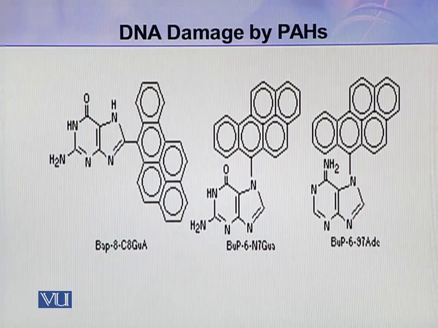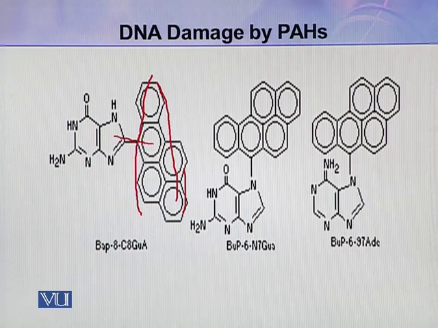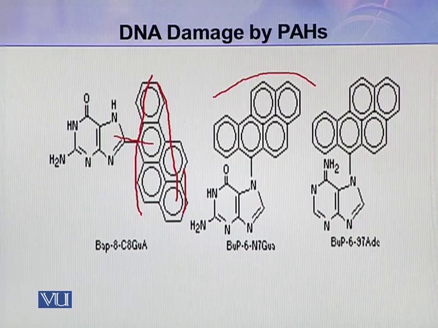For example, this is PAH, and here it is attached with the C8 of guanine, and in this way it forms a monoadduct. Similarly, here it is attached with the N7 of guanine. This is the N7 atom of guanine.